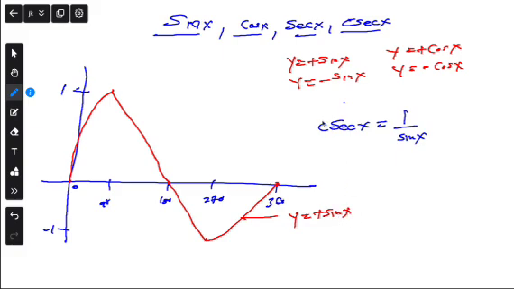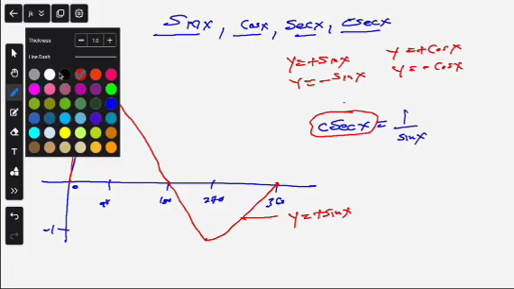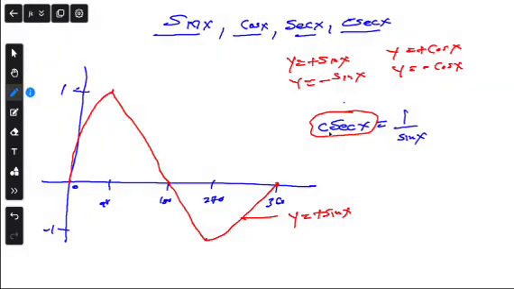Now, what about the graph of cosecant? How is it supposed to look? It is very, very important to know that if you're graphing cosecant and secant, the first thing to consider is the points on the x-axis. This one is the x-axis and this is the y-axis, where the curve is cutting. It is cutting at this point here as well as at this point, and the last point is this one.